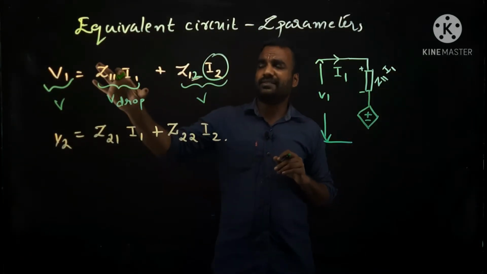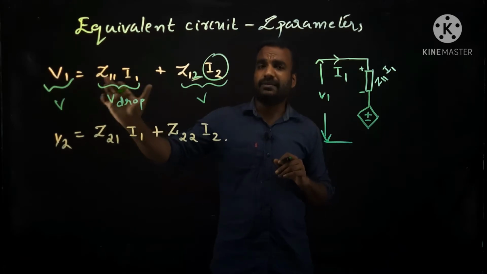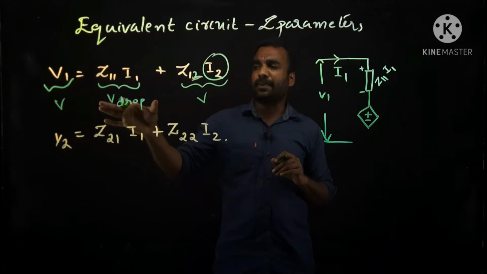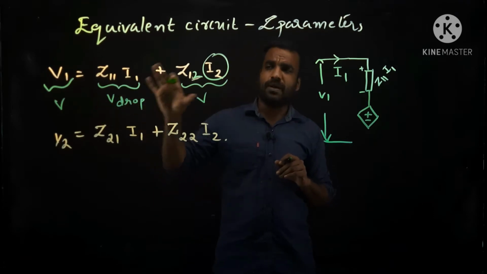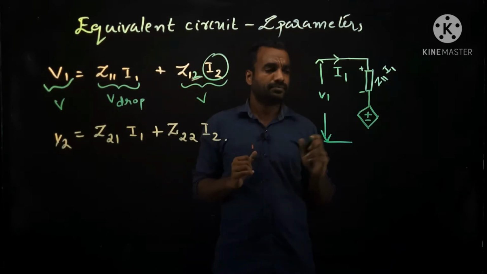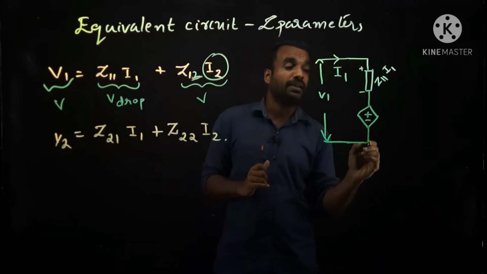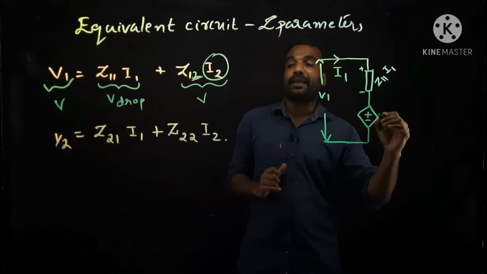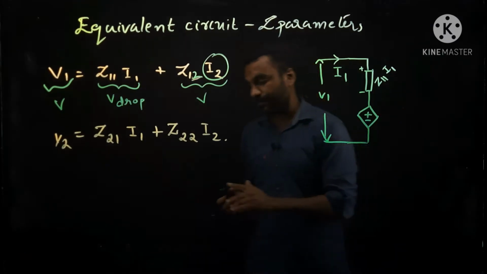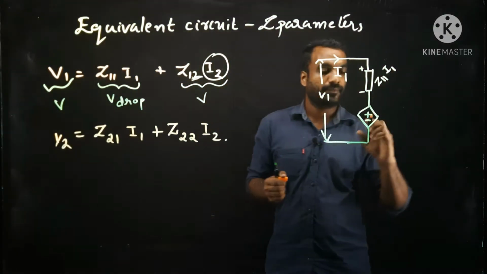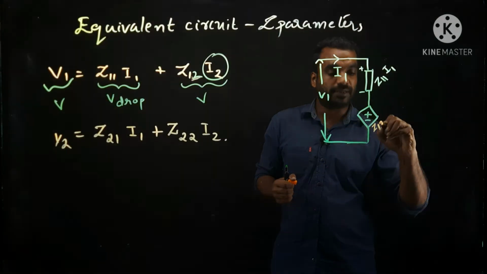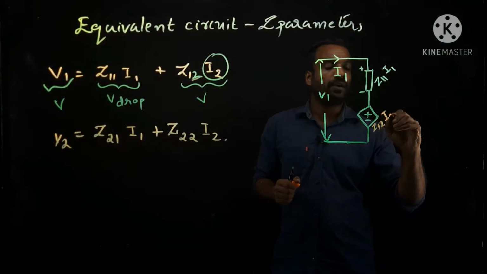So this component we can directly see is a current passing through an impedance, so we can represent it as a voltage drop. But this component is somewhat different. It is a voltage source, and that depends on the current in some other branch. I will write its value as Z12 into I2.